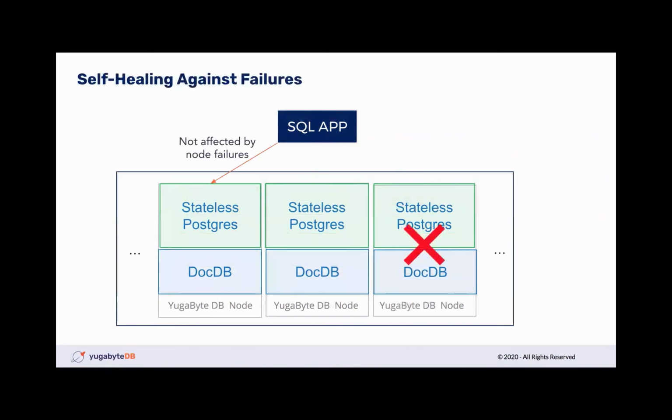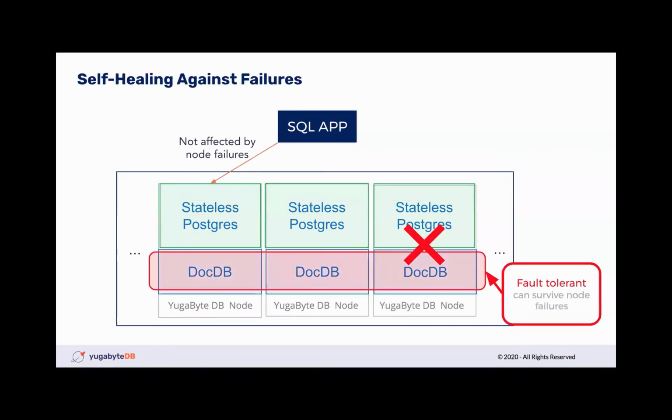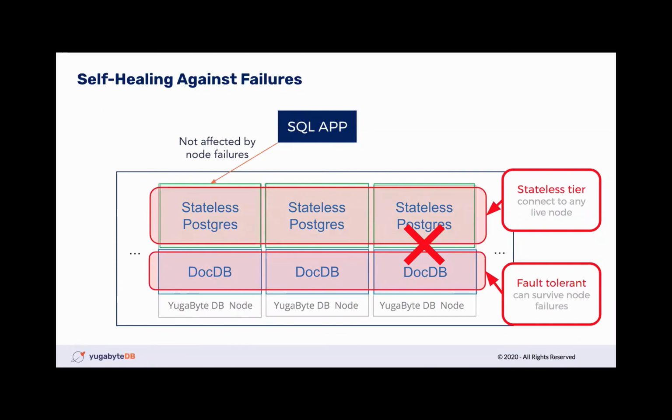And failures don't affect you because the lower half is already fault tolerant and it has replicas, it has failover like we talked about. And the upper half is stateless and you simply connect to a different node in order to continue performing your queries. So that's the way internally Yugabyte achieves high availability, scalability, and performance and so on.